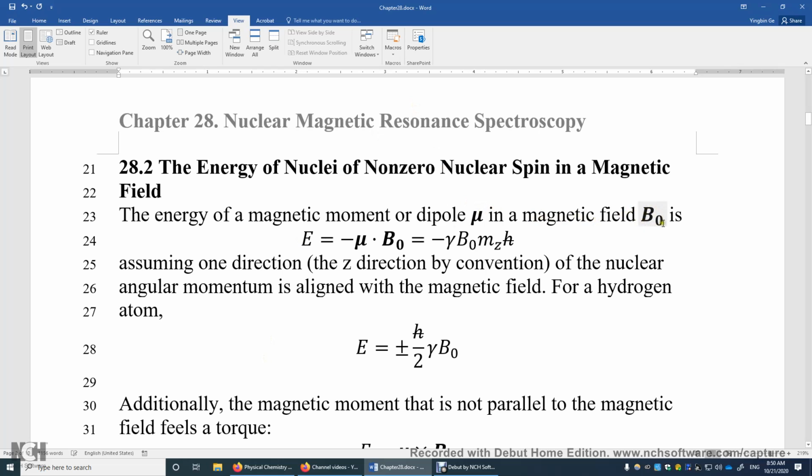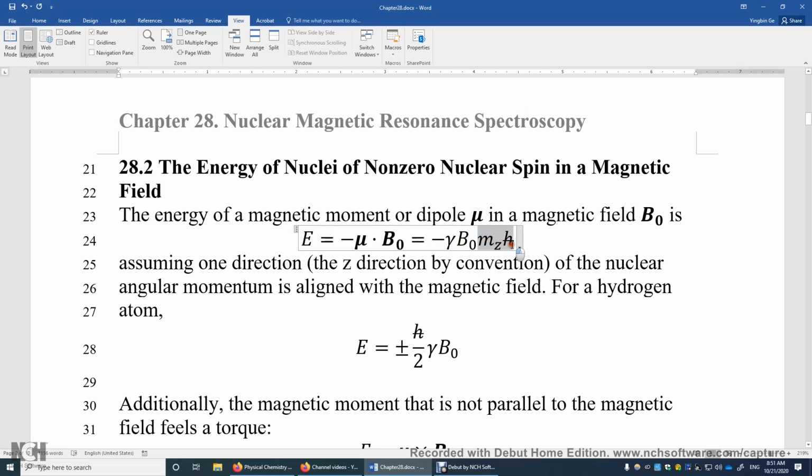This is the strength of the magnetic field, usually in Tesla. The energy is negative mu times B0, and this mu is gamma times m sub z times h bar.